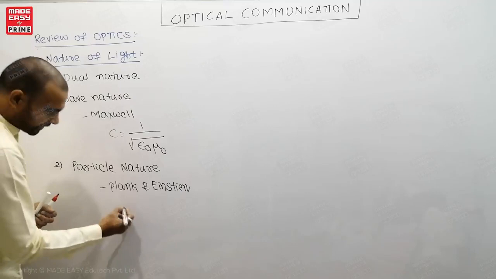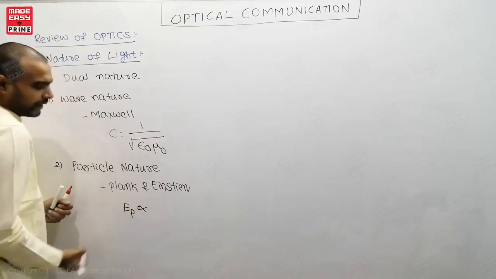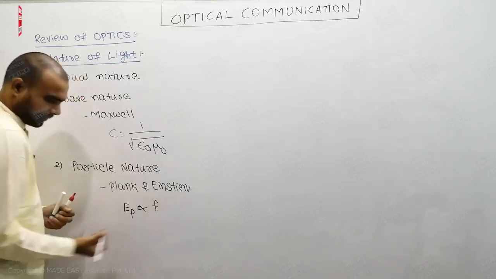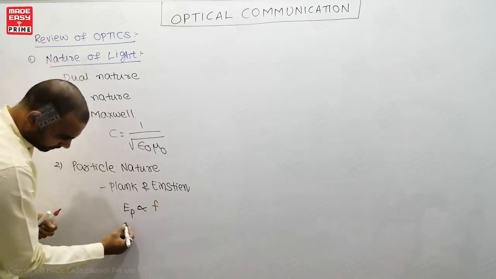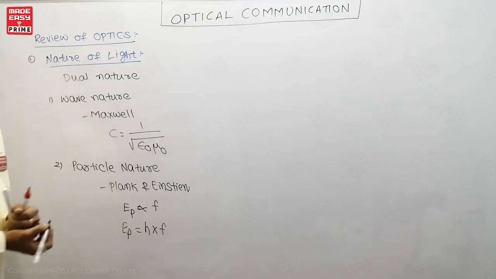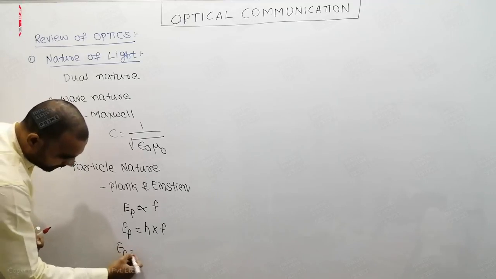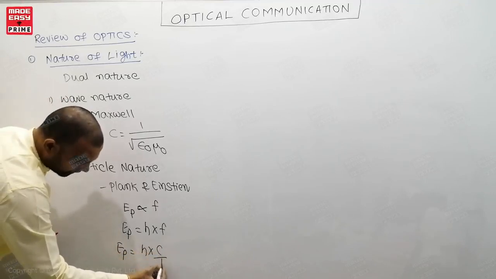According to the particle nature, the energy present in the photon is directly proportional to the frequency. That is, E_p is equal to h into f, where h is called Planck's constant. You can also write it as E_p is equal to h into c by lambda.